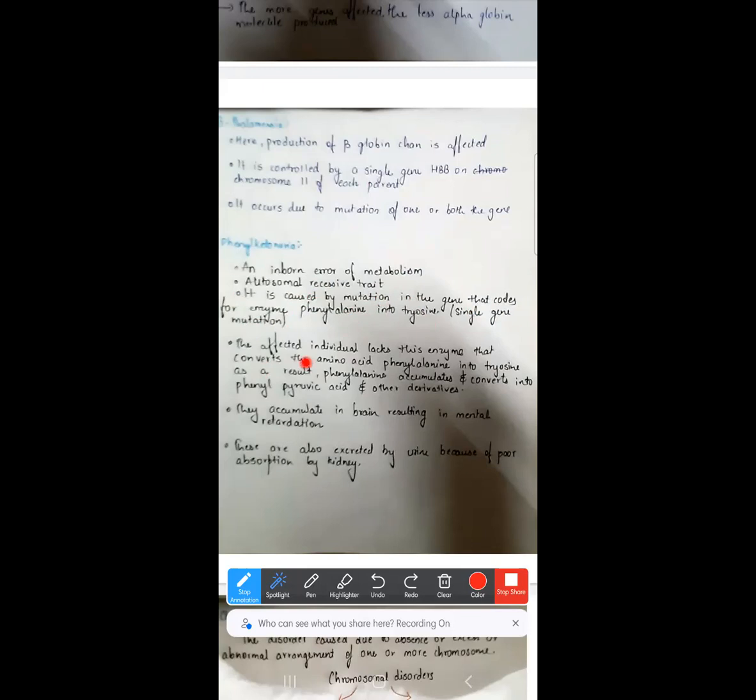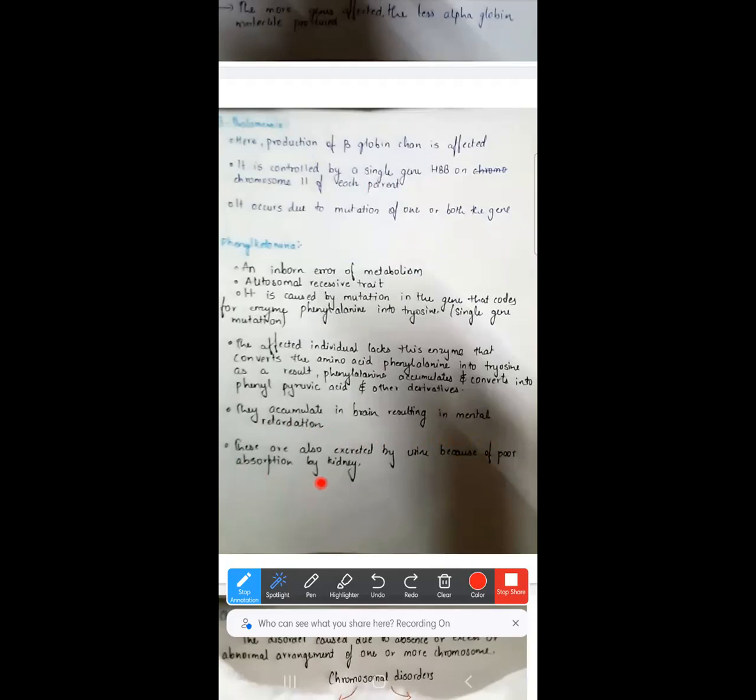The affected individual lacks this enzyme. As a result, phenylalanine accumulates and converts into phenylpyruvic acid and other derivatives. They accumulate in the brain, resulting in mental retardation.